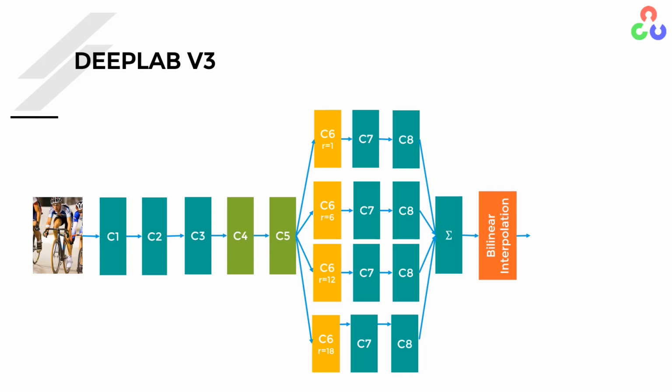So again, the architecture remains about the same. What they did was they replaced the filters in this layer by standard convolutional filters, and they just added dilated convolutions for these 3 layers with dilation rates of 6, 12, and 18. And they noticed that when they used a dilation rate of 24, the results actually got slightly worse.